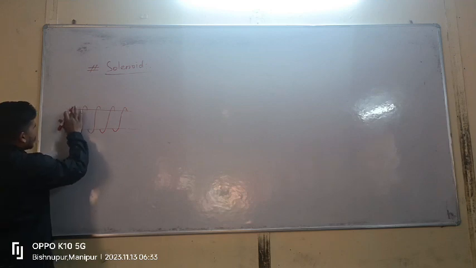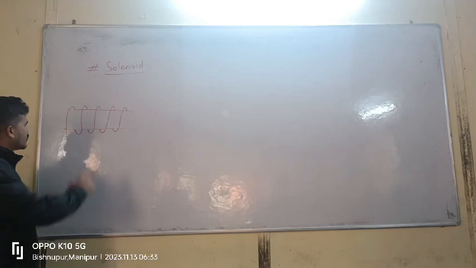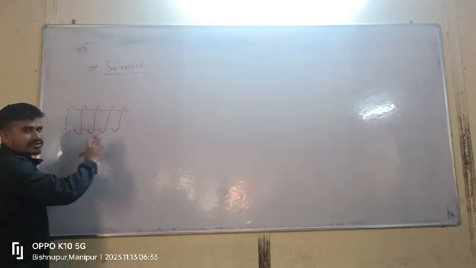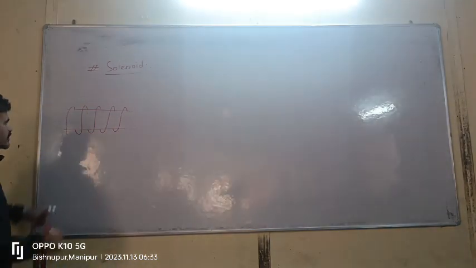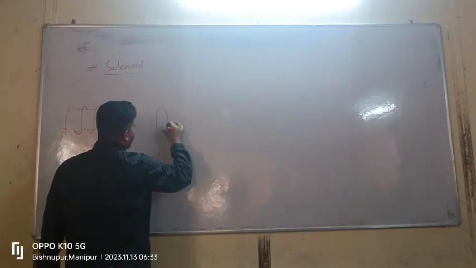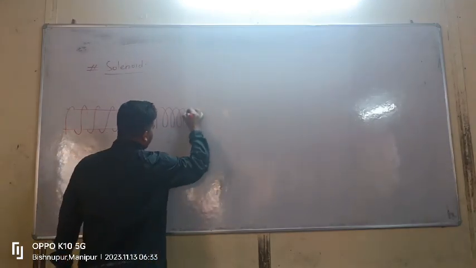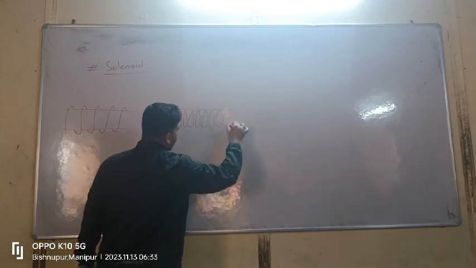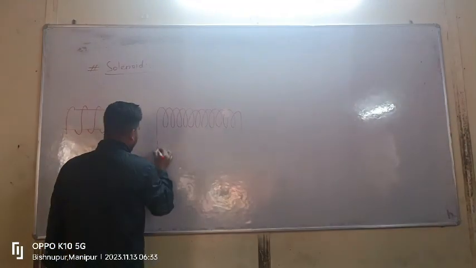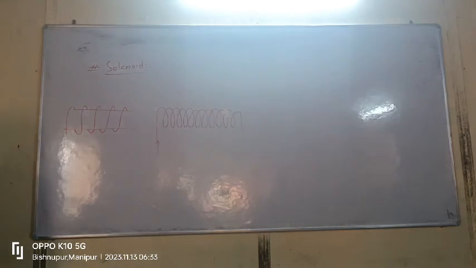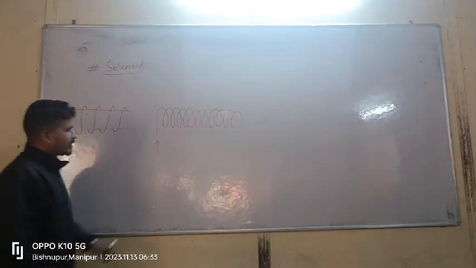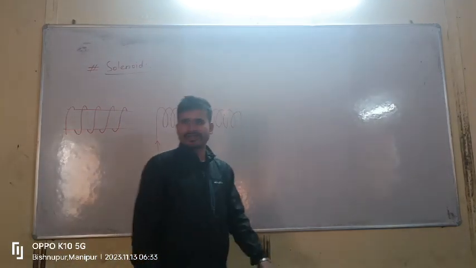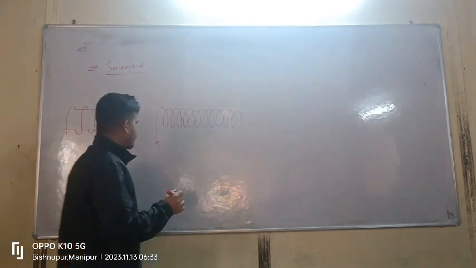If I remove this line, it is not a wire actually, I am just drawing it. Is it a solenoid? Yes. Can you see that 3D figure? Imagine the 3D figure. This is a solenoid.